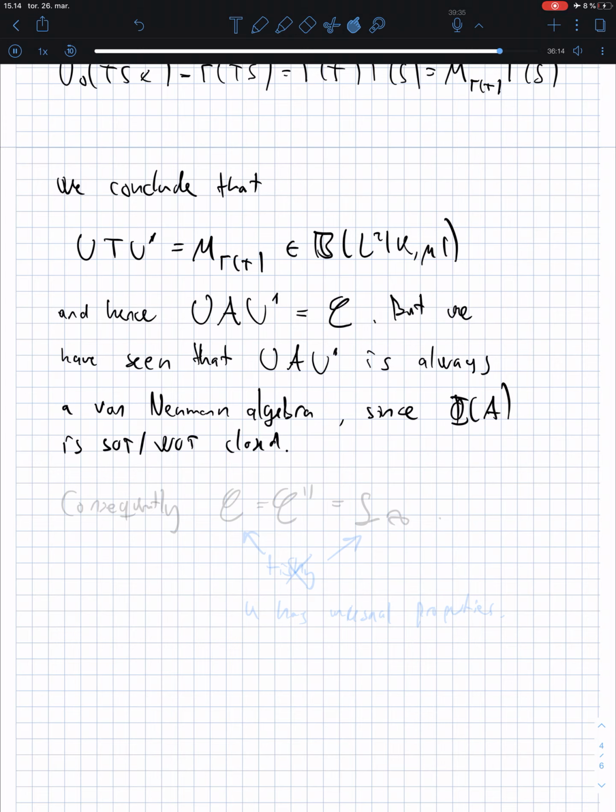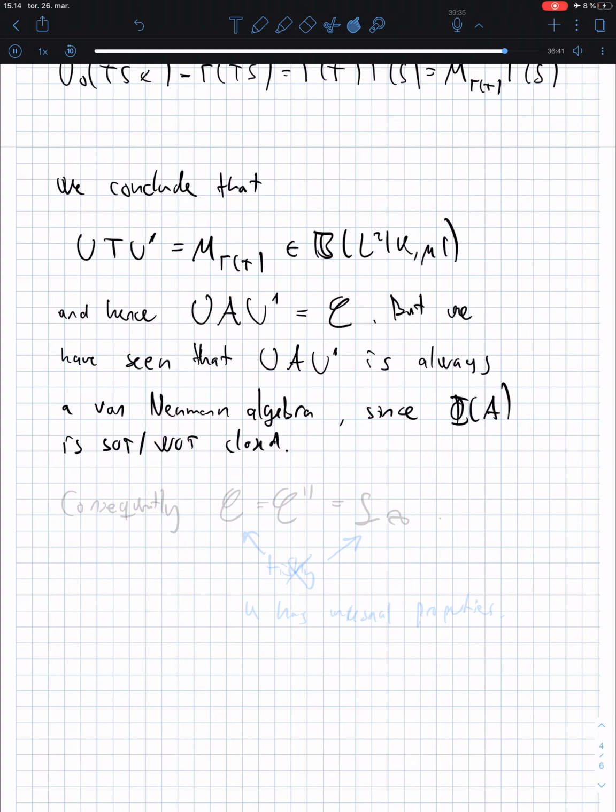So the map that I called φ, that is the map that sends all of A into some other operators inside B of L2, is a map that is strongly and weakly continuous. And its inverse, which has the same form, is also strongly and weakly continuous. I guess that's what I'm using here. So that tells me that when I start out with a von Neumann algebra A, the image of that is also a von Neumann algebra.